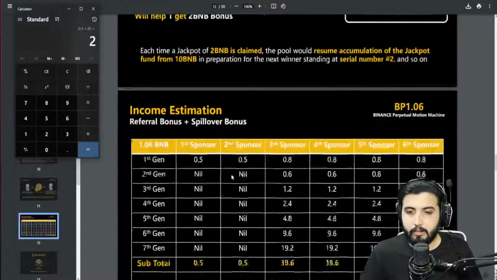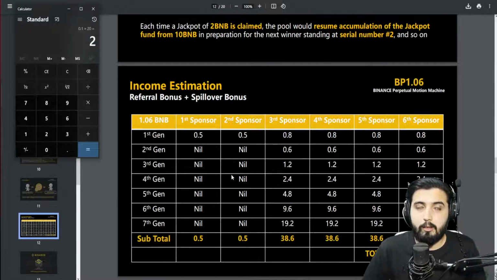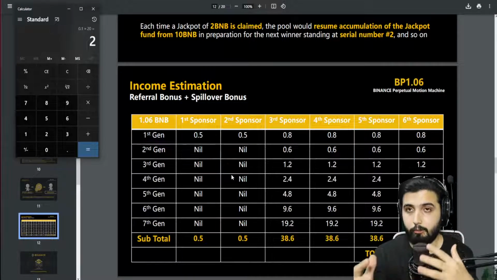Now coming back here, this is the chart for income estimation, to estimate how much income you can make based on the referral bonus and the spillover bonus. We're not including the jackpot and the level bonus in this one. You can see this one is just accounting for the referral bonus and the spillover bonus.